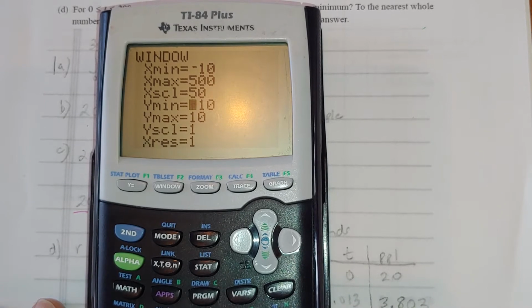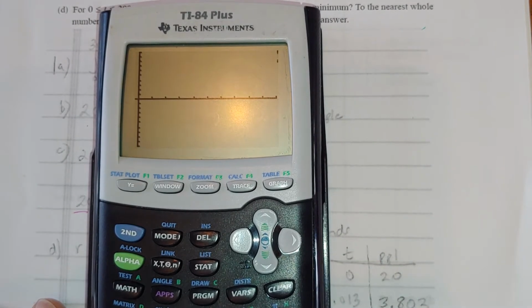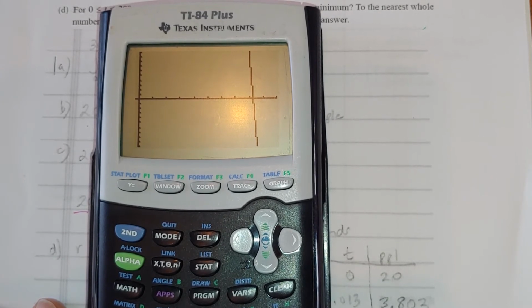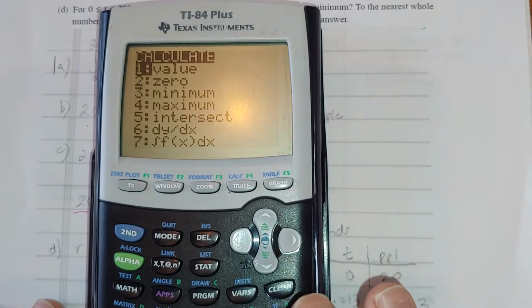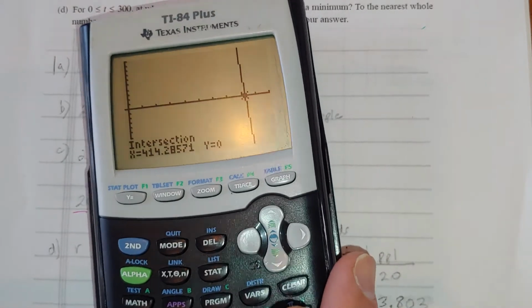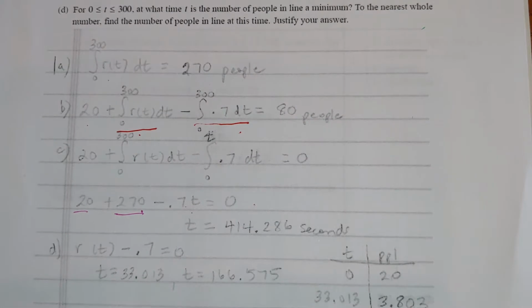That doesn't really matter. And then I'm going to take a look at the graph, and I see that there's an intersection point there. So I'm going to use my calculator. Second calc 5. Enter, enter, enter. And I get 414.286, which is what they were looking for. And that's when there'll be no people in the line.